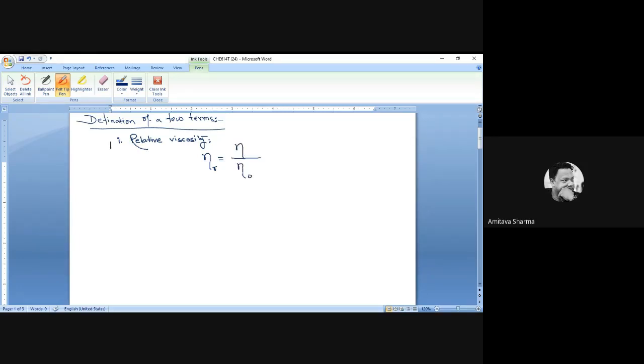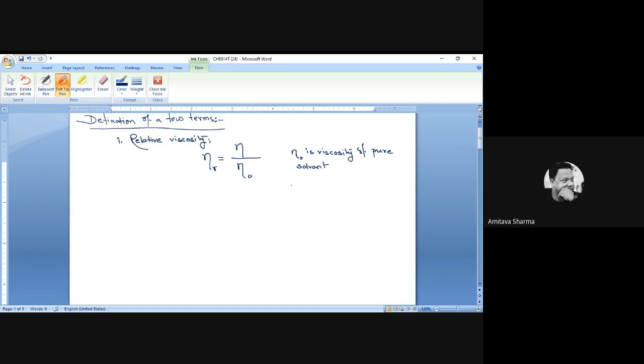And you know what eta and eta 0 are. Eta 0 is the viscosity of pure solvent, and eta is the viscosity of the solution that we have studied in our last class.